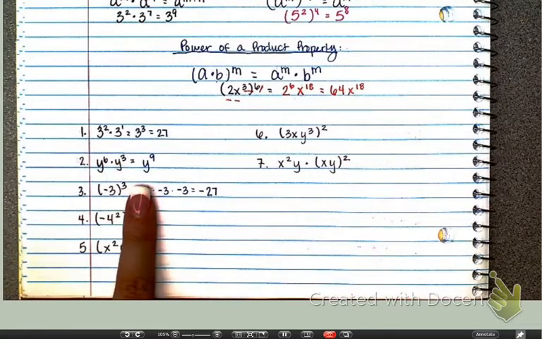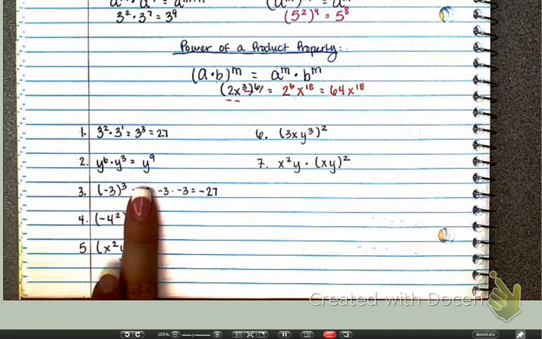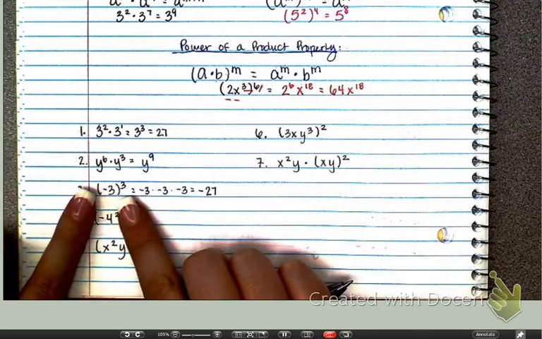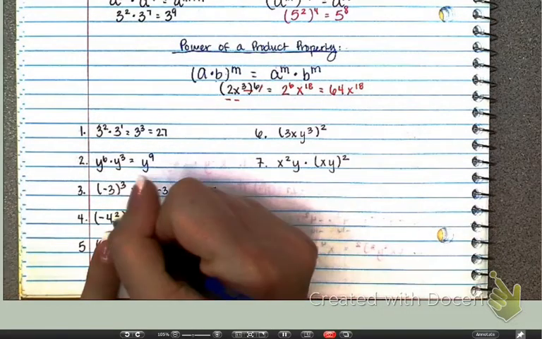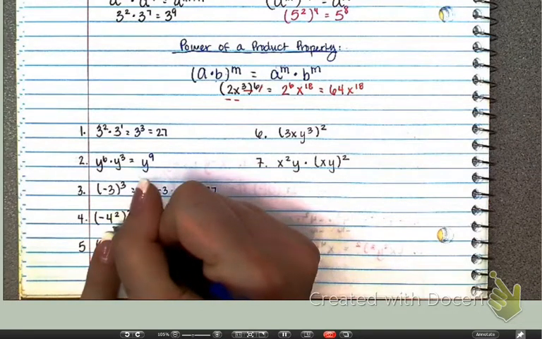So ignore this 2 on the outside. What is -4 squared in this case? If all this is gone, all I have is -4 squared. What is that? -16. This 2 is just attached to the 4.